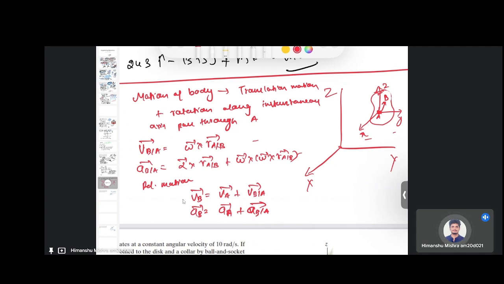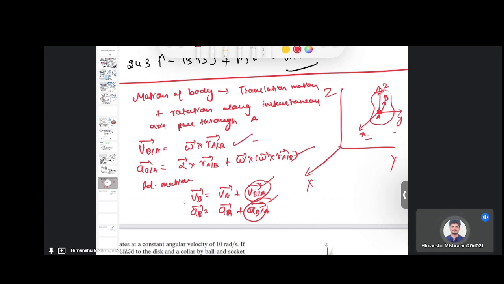In the previous problems we were calculating these quantities, but now there is some random point B, and we need to calculate the velocity and acceleration of that point. In the previous problem, all the points were actually located at point A, and to calculate the velocity and acceleration of point A we used these equations.